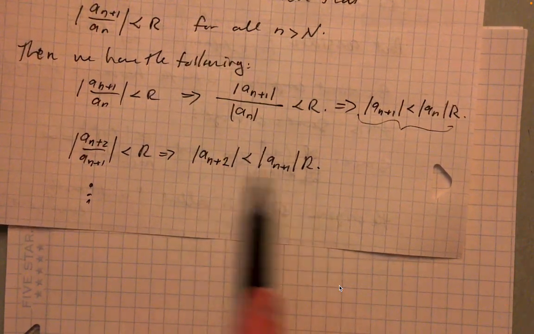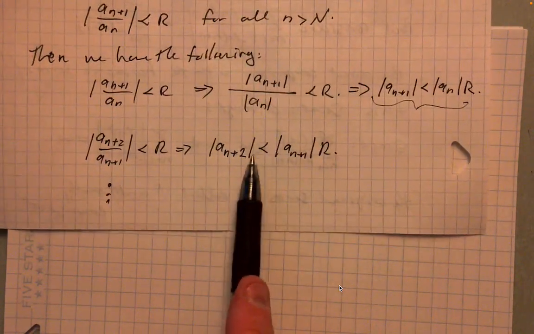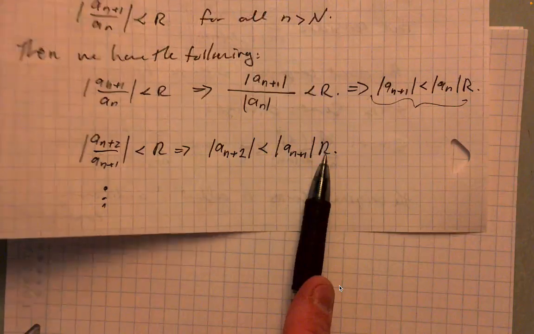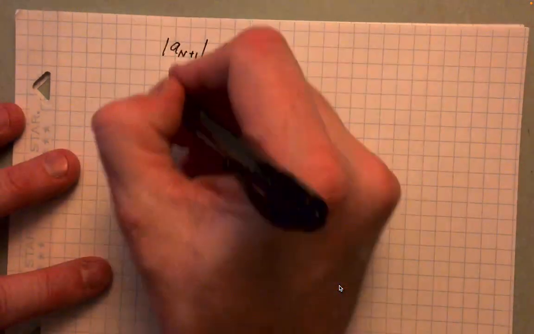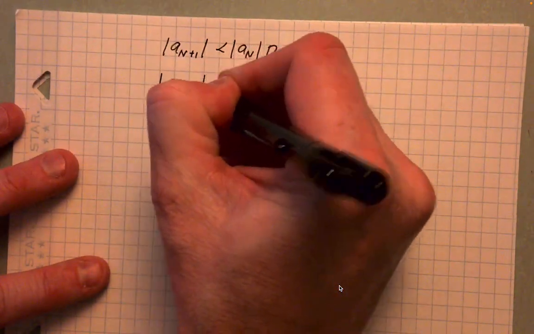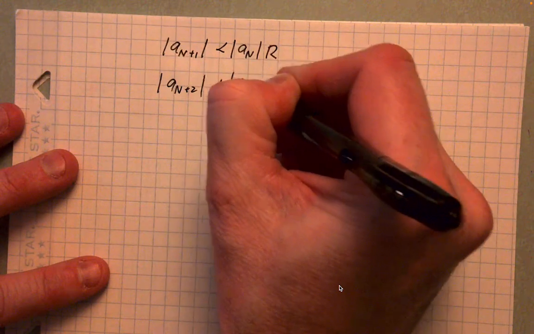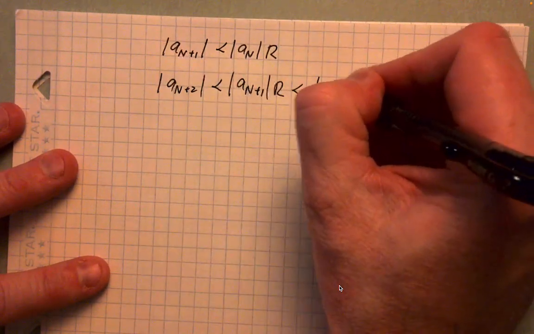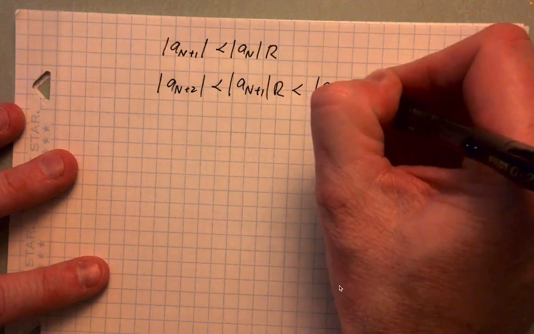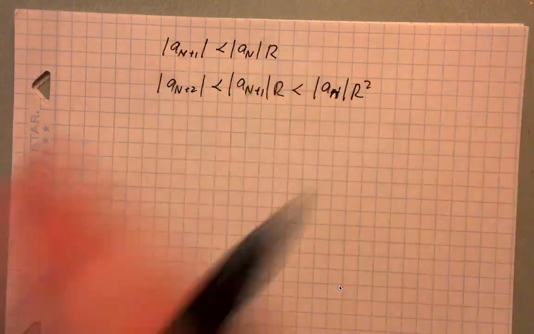Okay. Now we saw secondarily, pull it back up here, that this was true, right? So that a of n plus 2 is less than a of n plus 1 times r. So we could take this one and toss it in there. And what we would get next is that a of n plus 2 is less than a of n plus 1 times r, which itself is less than a of n times r squared.